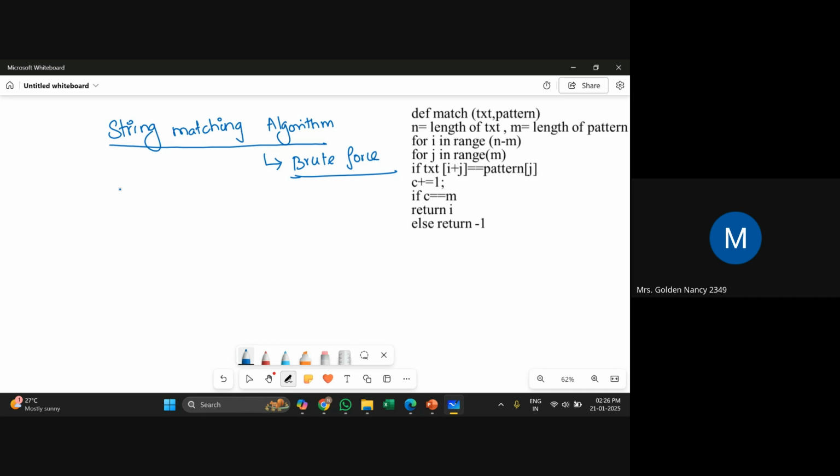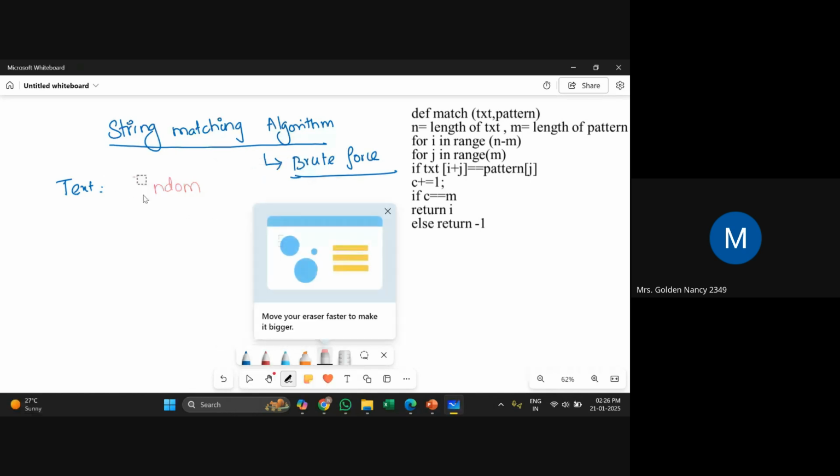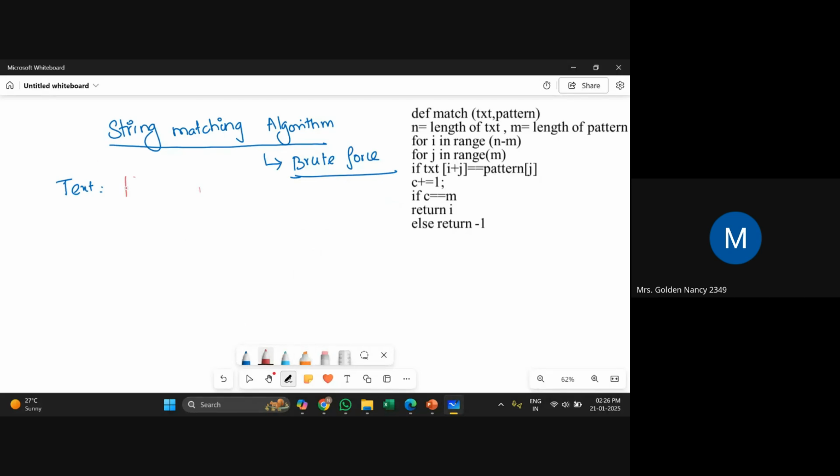What is string matching? First you'll have a string. For example, random is your text, and the pattern is AN.